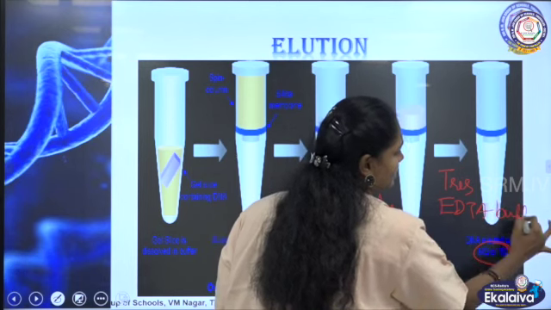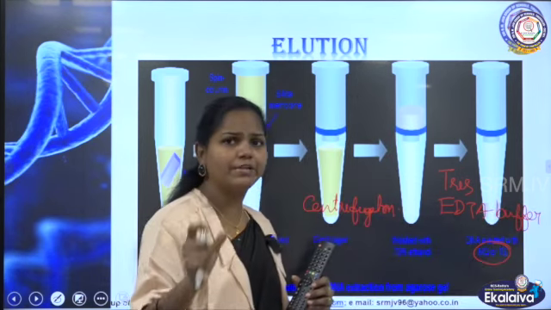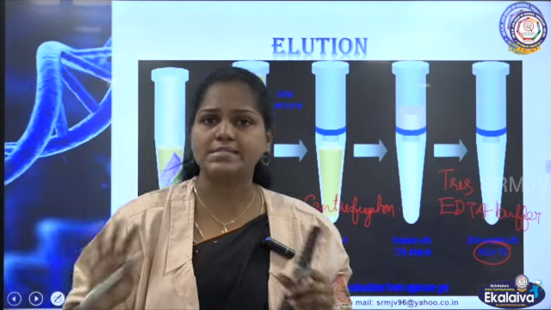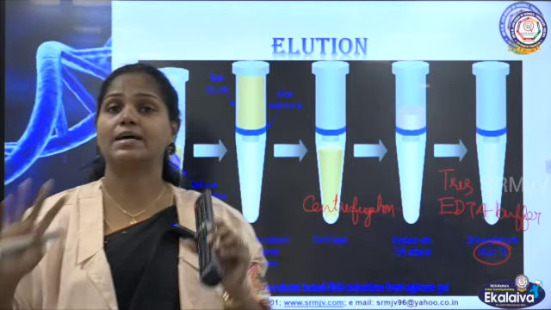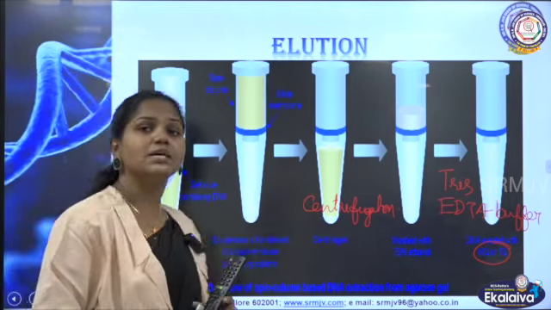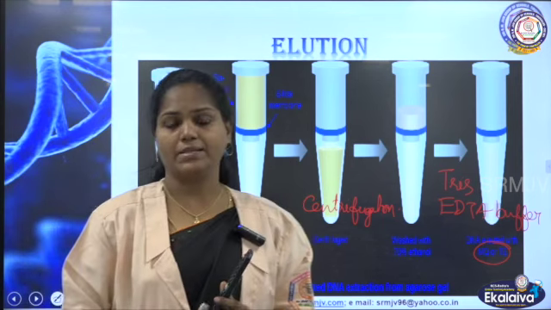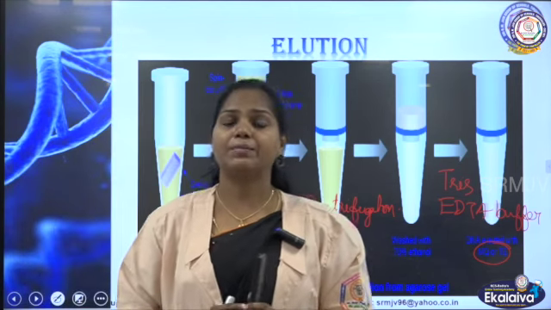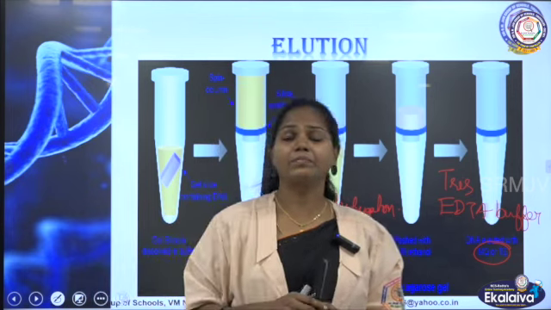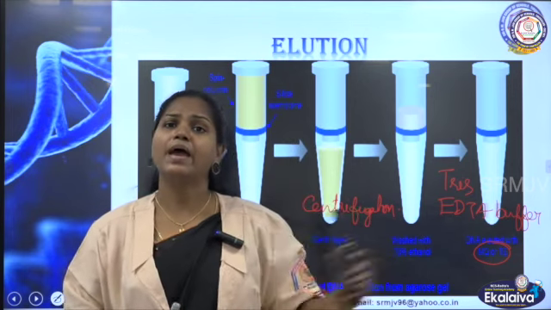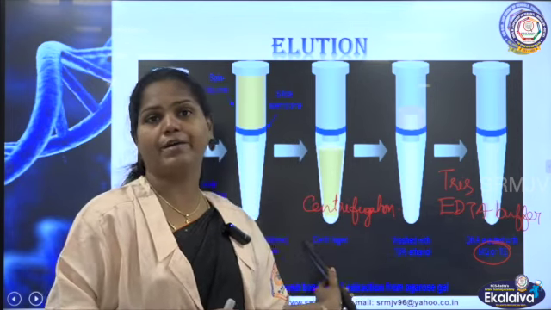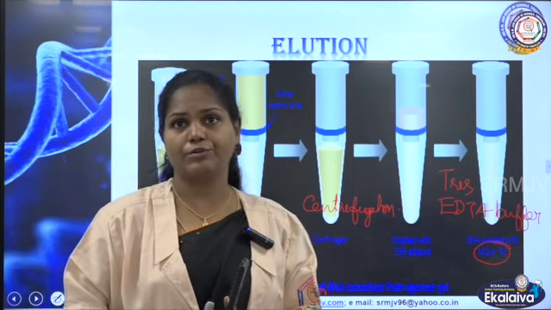Now the particular fragment of DNA is isolated and separated successfully using the gel electrophoresis method. So this is how you can make DNA fragments using your restriction enzyme, and separate that particular fragment using gel electrophoresis.